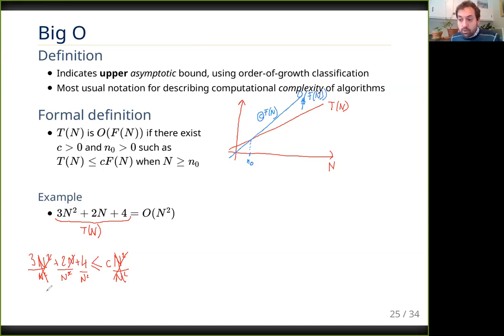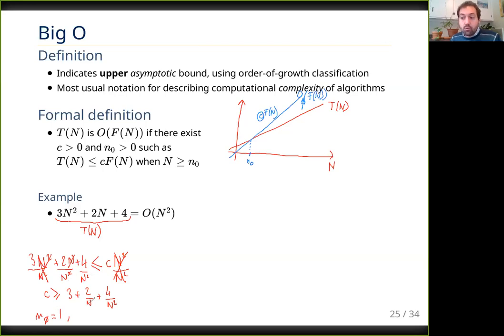So overall, we're trying to find a c which is greater or equal than 3 plus 2 over n plus 4 over n squared. Here, it would be very easy to just set our constant n0 value to be equal to 1 and calculate now this expression.